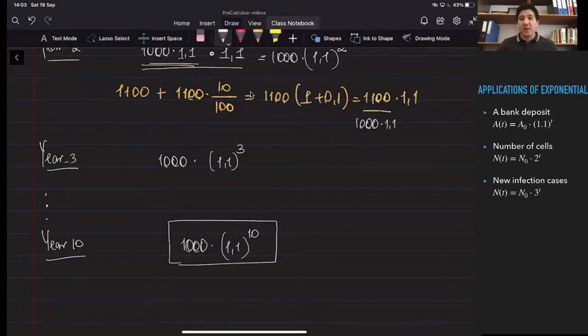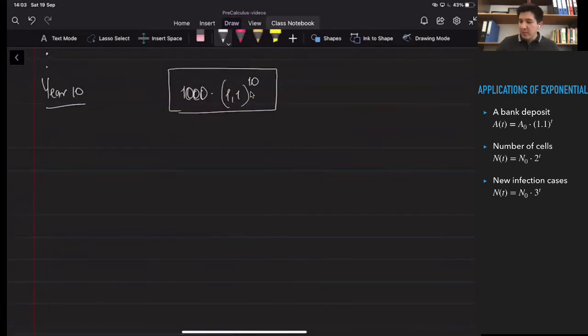Another example of the application of exponential numbers, which I would like to discuss with you, is population spread, or the increase of the population of cells over time. So another example is going to be in biology.